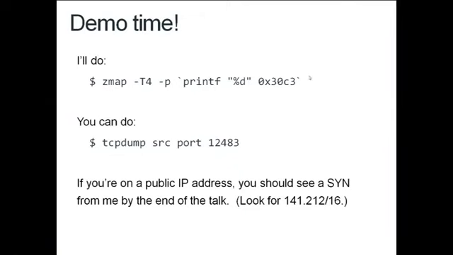So what I'm going to do in the hour after this talk, assuming that I can get on the internet and talk to a machine at Michigan that has a fast uplink, is I'm going to do a SYN scan on port 0x30C3. So let's just let the world know that we're here today by making a connection to every public IP address on that port.